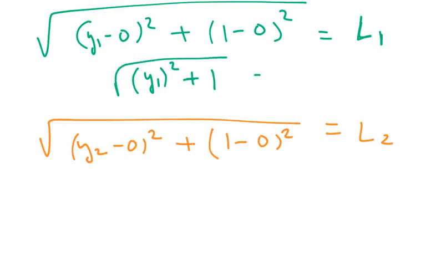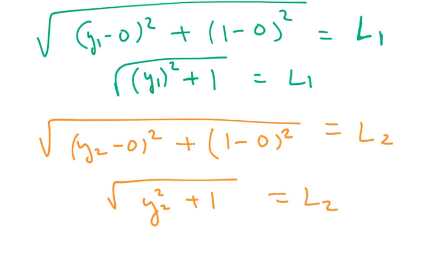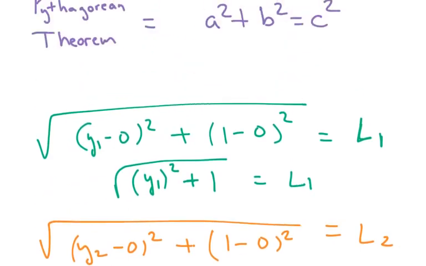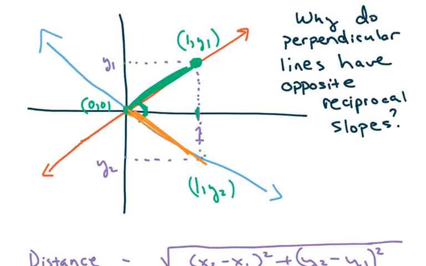The square root of that is line 1. And for line 2, the distance would be the square root of y2 squared plus 1, and that will be L2.